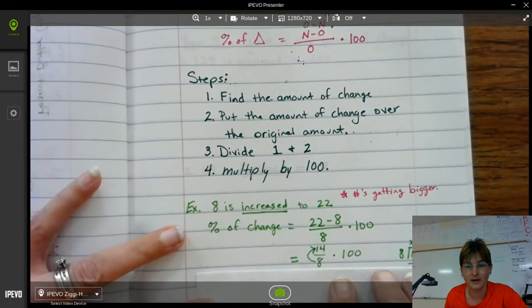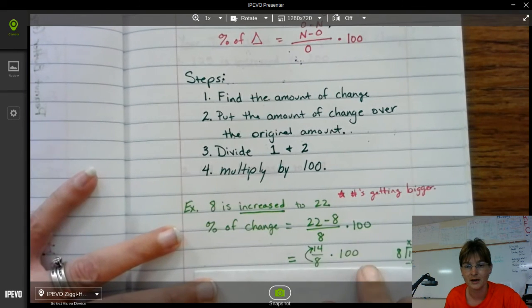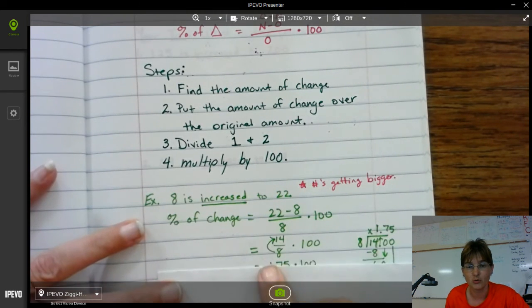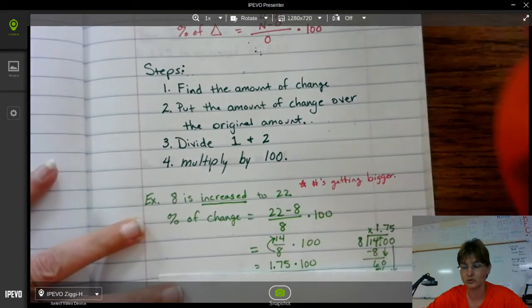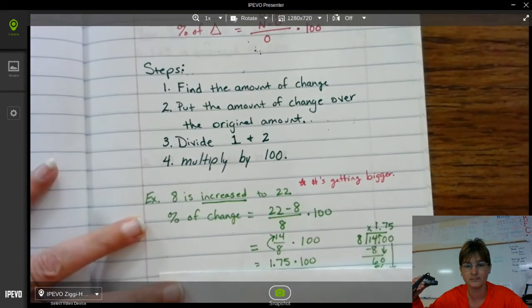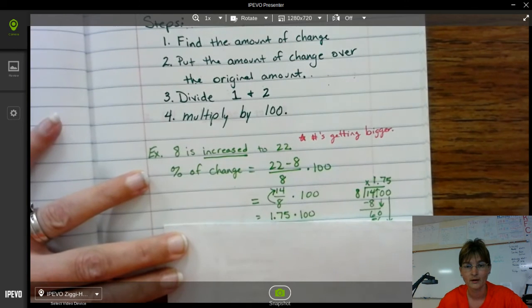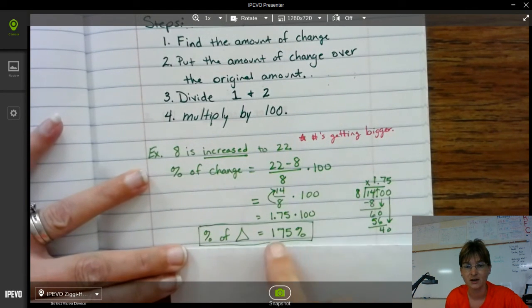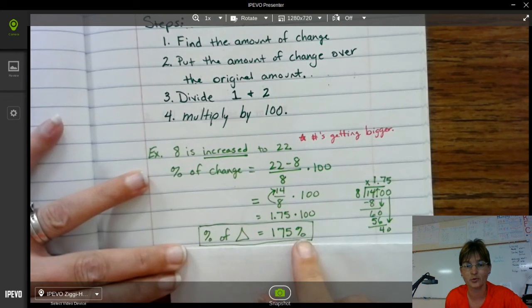Okay, when we do 22 minus 8, we get 14. I need to see how many times 8 goes into 14. I do my division off to the side, and 8 goes into 14 1.75 times. So we take 1.75 and multiply that by 100. 1.75 times 100 gives us 175%.